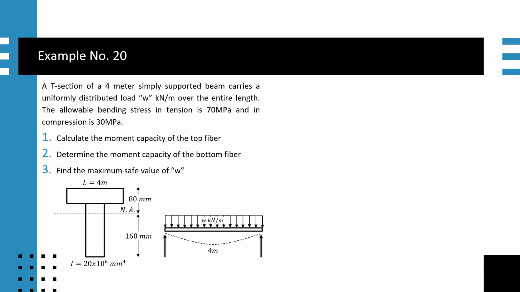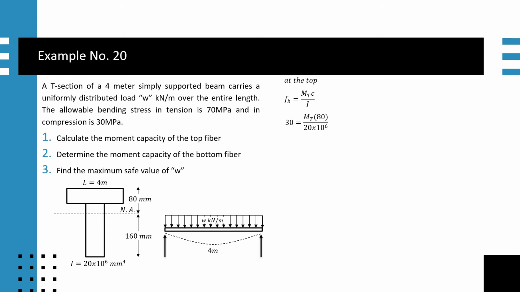So, paano yan? Mc over I lang yan. So, Fb is equal to Mc over I. So, M is wala. So, ang kinukuha natin is moment capacity. Yun yung hinahanap natin. Kasi binigay ng compression and tension, allowable bending stress in tension and compression.